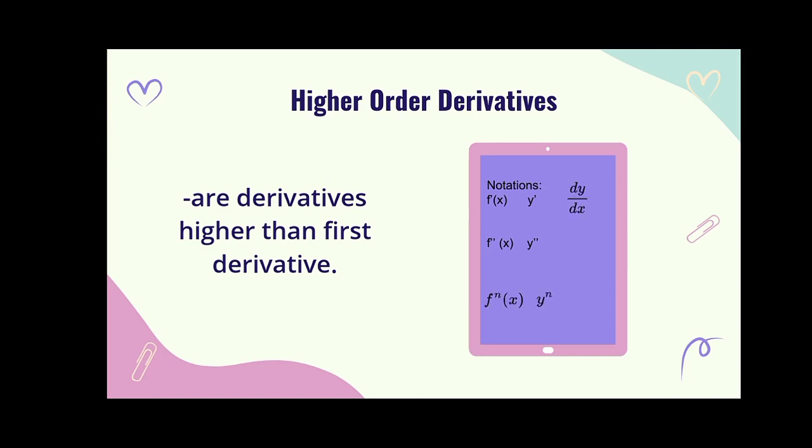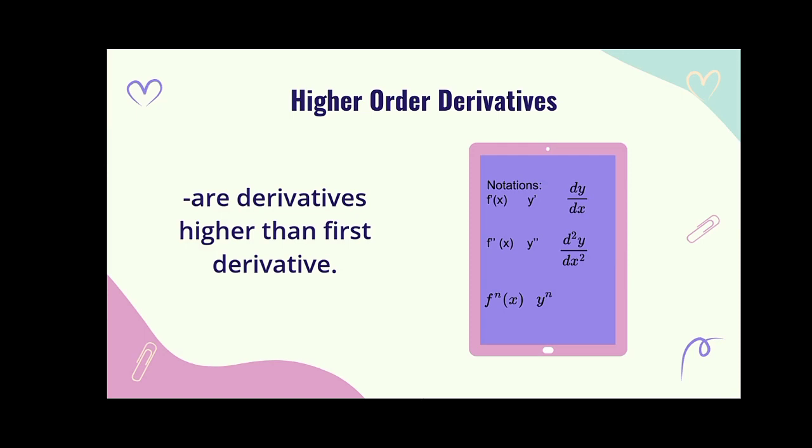First is f prime of x, which is the same as y prime and dy over dx. And for the second derivative, f double prime of x is the same as y double prime and d raised to 2 y over dx raised to 2.